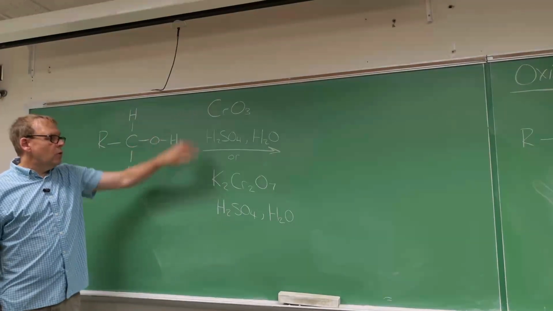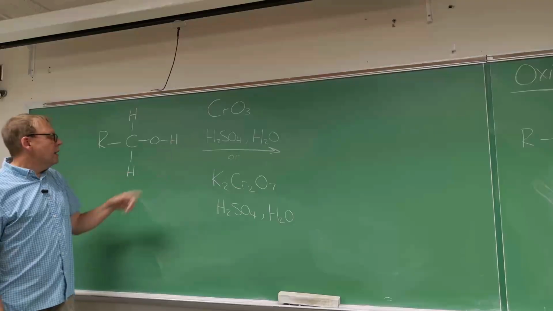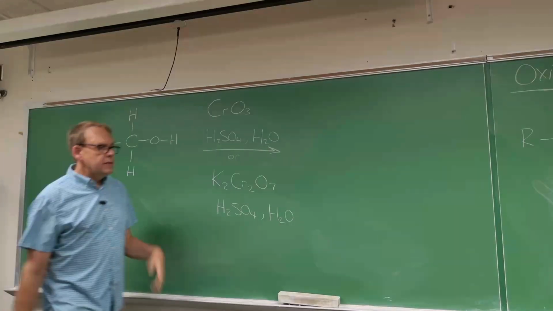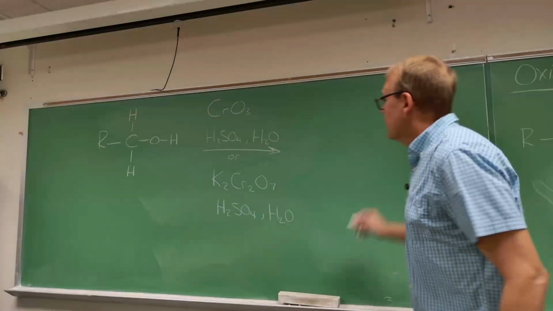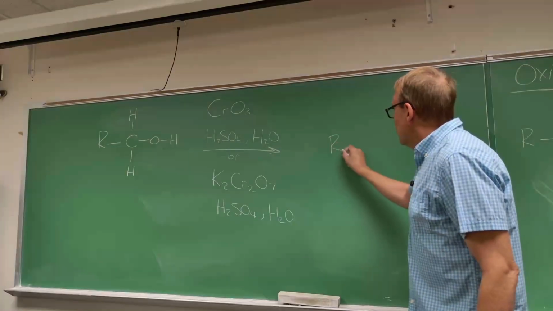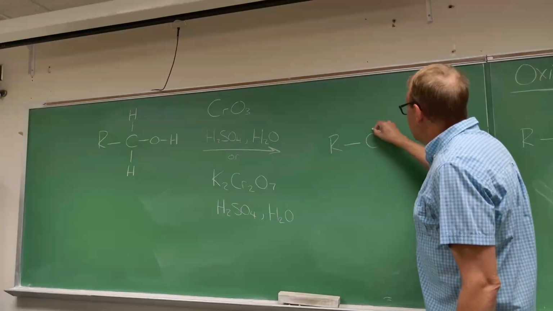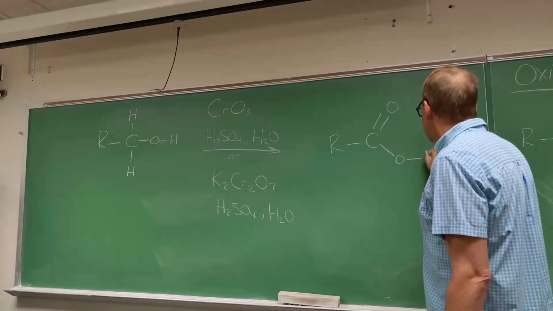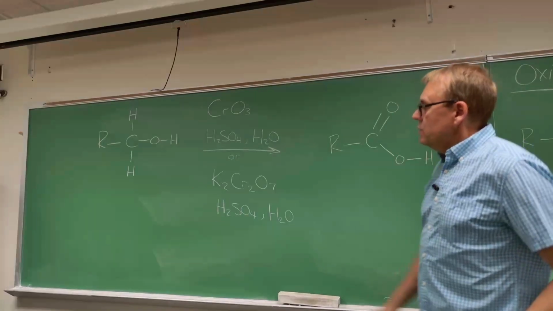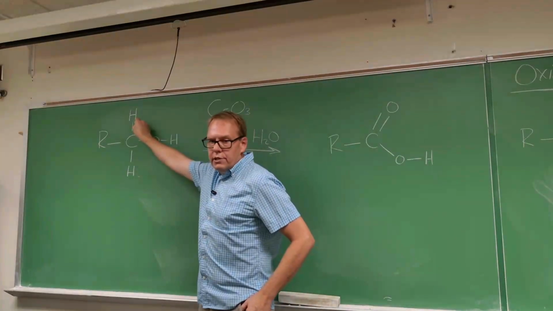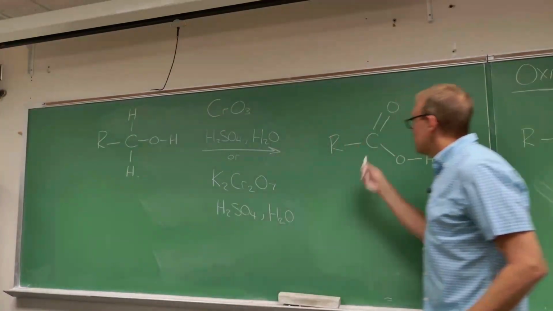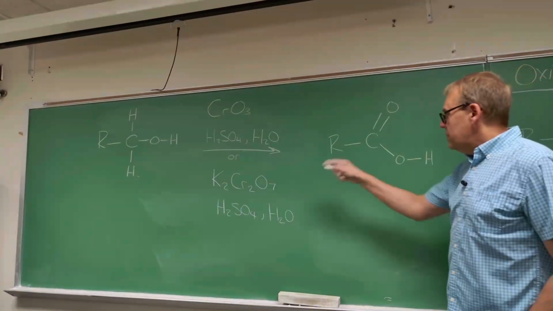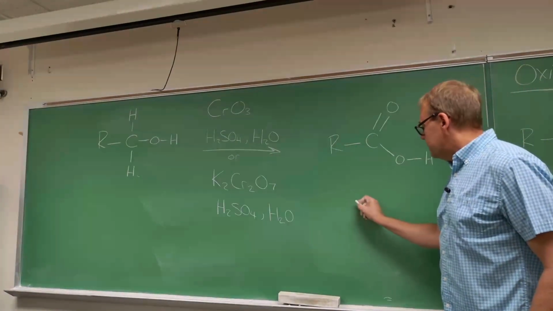But if you see either of these, the reactions with water produce two oxidations, and the carbon that the O is bonded to gets oxidized twice to give a carboxylic acid. So there used to be two H's attached to the alcohol carbon, now there are none. So these oxidize twice.